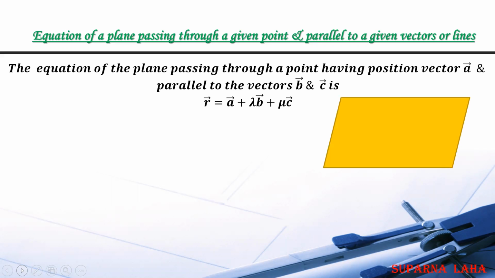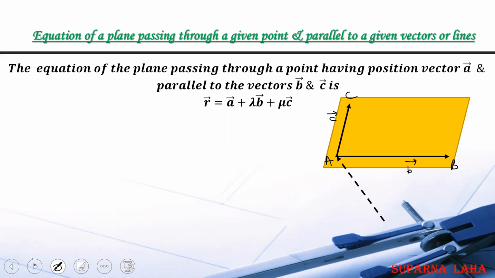So taking this point, taking this plane and this vector B, and name it B. Taking another vector, vector C, and name it C. And the position vector of the point A is A. Taking any arbitrary point P on the plane whose position vector is given by r.